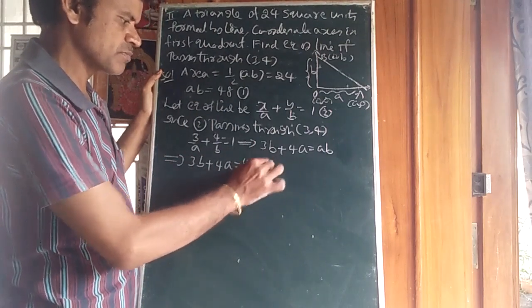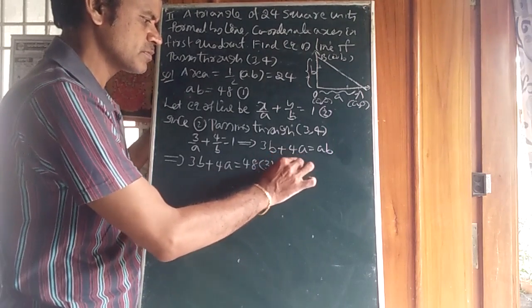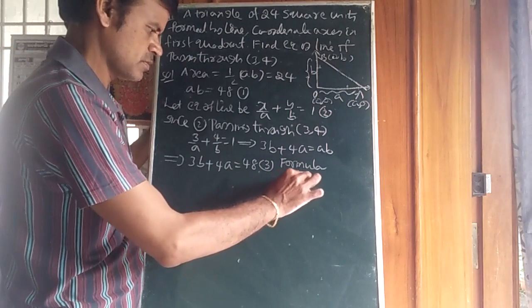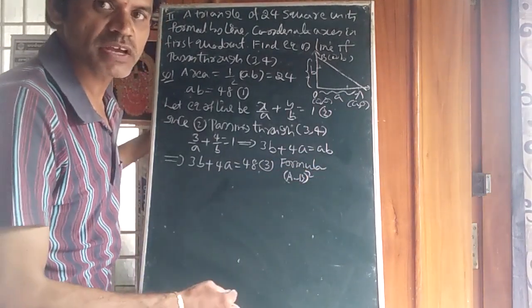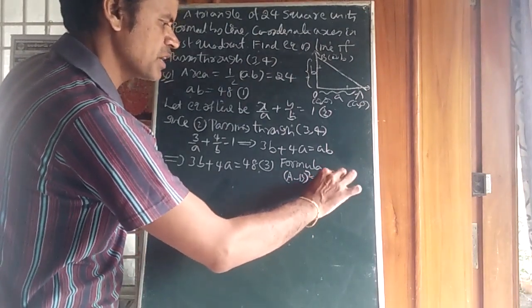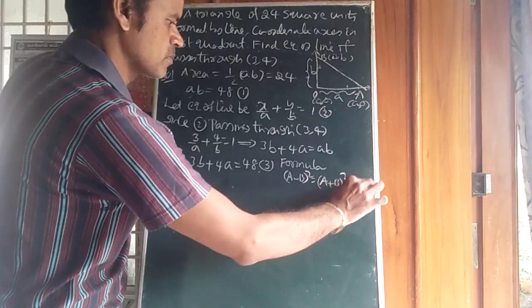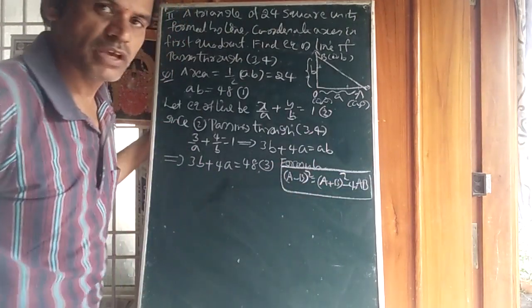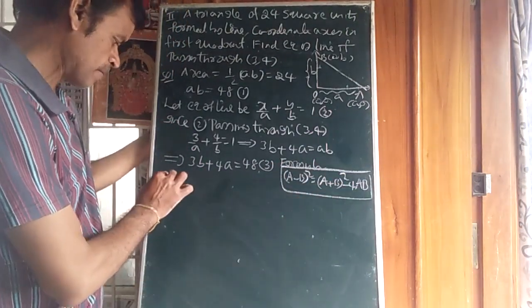Use equation 3. Let us discuss a formula: a minus b whole square equal to a plus b whole square minus 4ab. Use the formula.